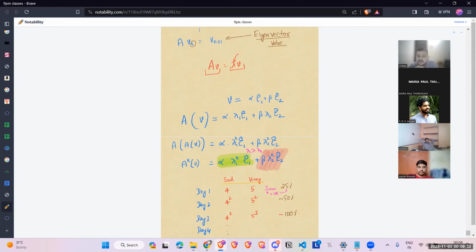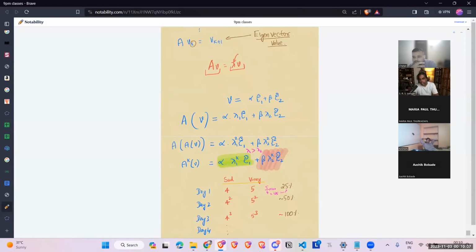And once we get that, we observe that in case our lambda 1 is greater than lambda 2, when we multiply it some multiple times, say 100 times, the difference becomes so large that we can neglect one of the lambda terms. It becomes very small compared to the other value.